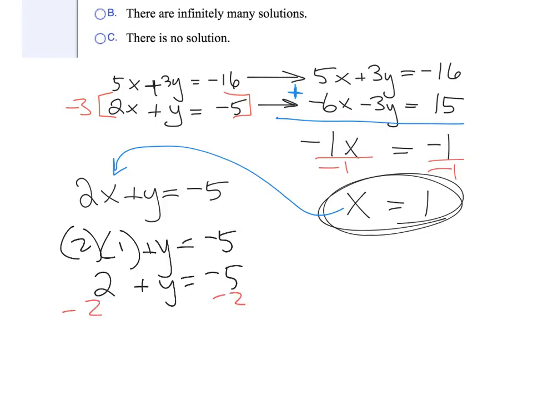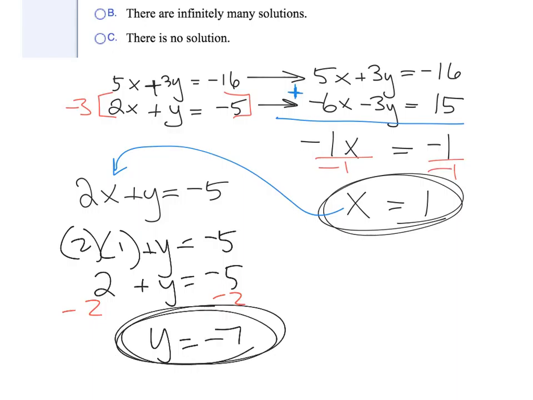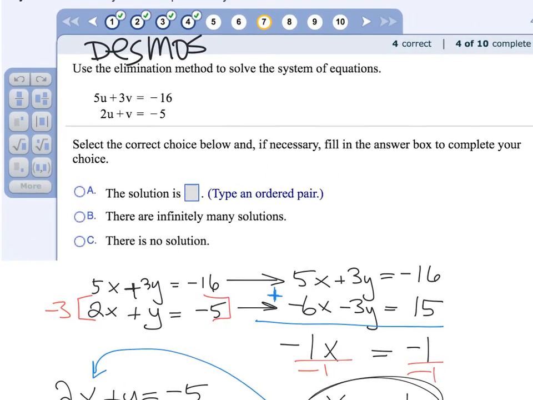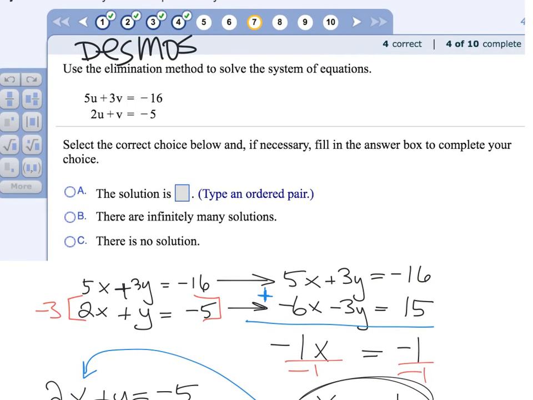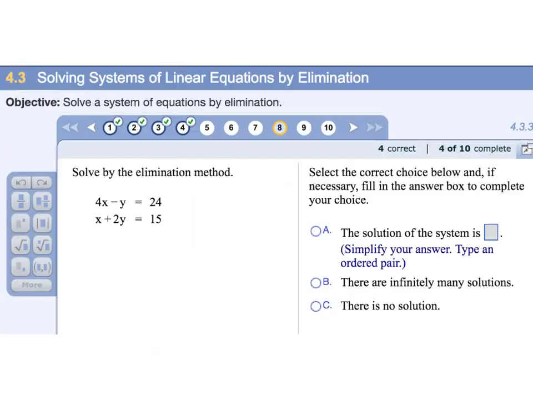Subtract 2 from both sides. So you end up with y is equal to negative 7. And so that tells us that our intersection between those two lines is 1 comma negative 7. And so if you were to graph that using Desmos, that's exactly what you would see. You would see these two lines, and their intersection would be at 1, negative 7.